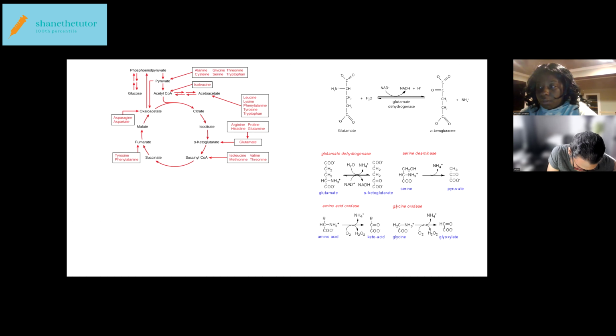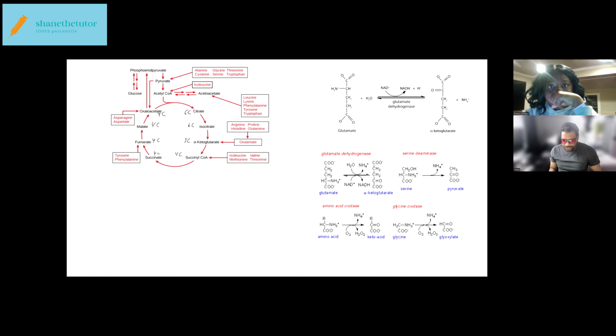Because if you remember, this was four carbons, six carbons, I think five, or no, that was just the isocitrate. Still six carbons, and then five carbons. Then I think this is the four carbon one. Four carbons, four carbons, four carbons.